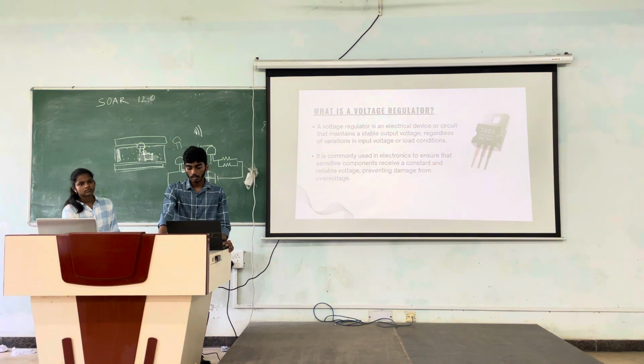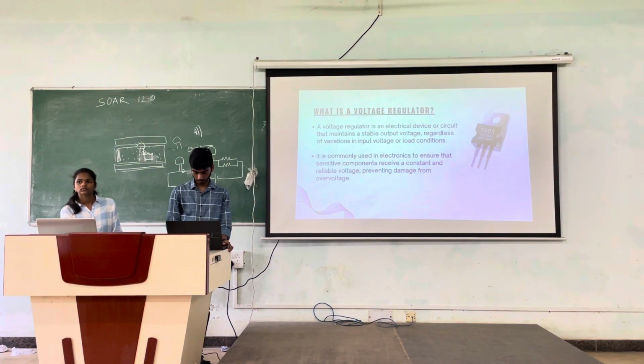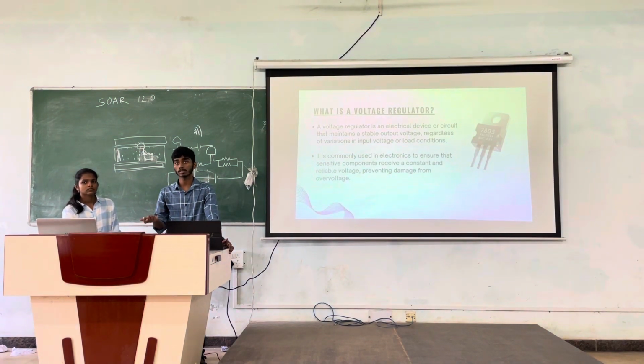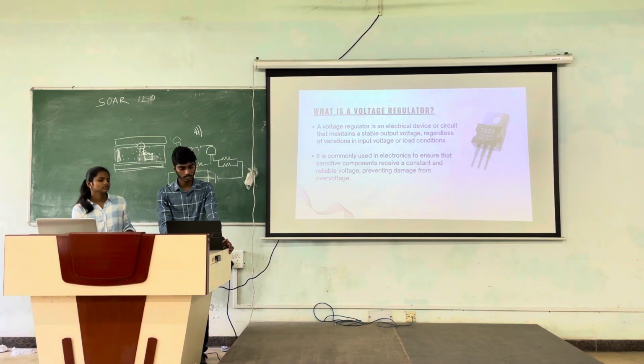To give them a regulated constant DC voltage, we use voltage regulators before the input. Is this clear to you all, what a voltage regulator is? A basic idea: a voltage regulator is used for maintaining a fixed voltage. Okay, let's proceed further.